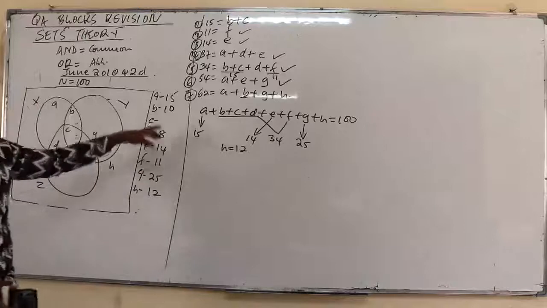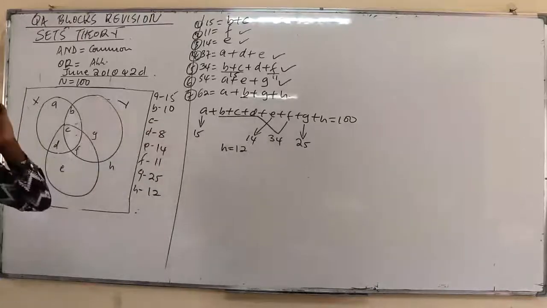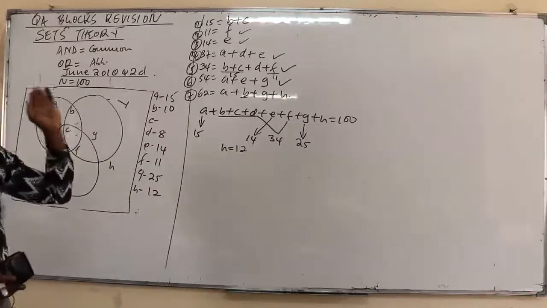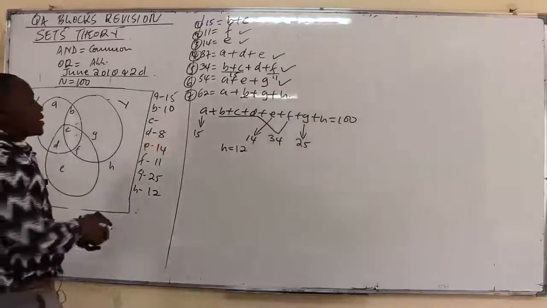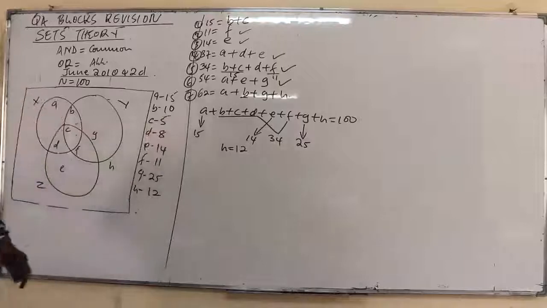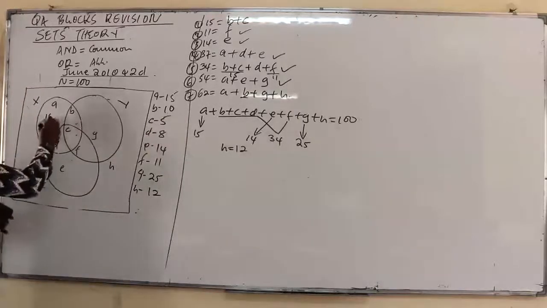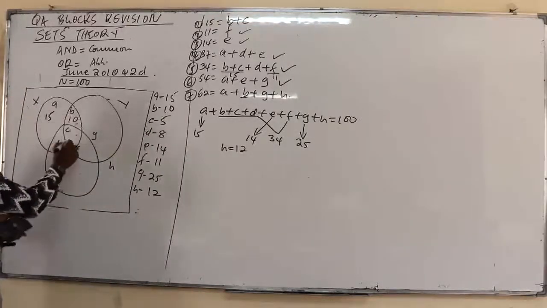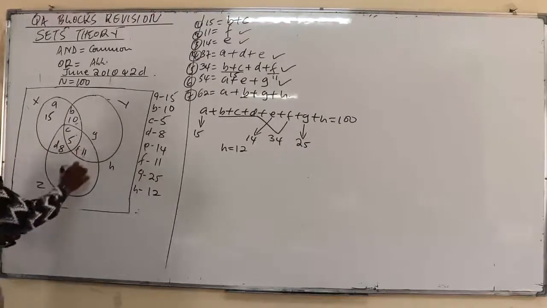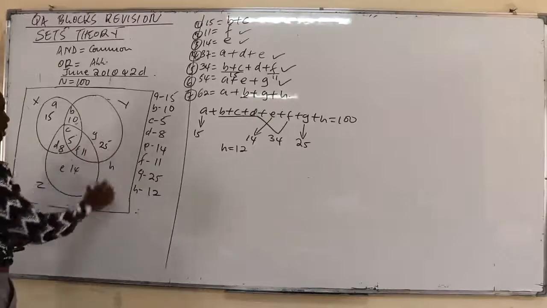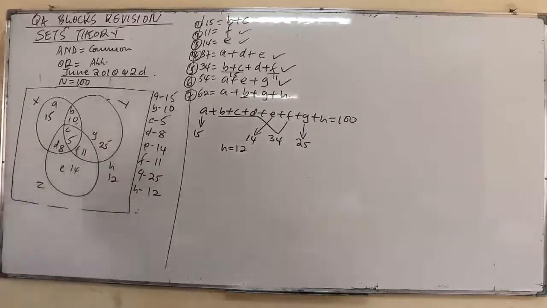You are only remaining with C. Let's go to the first equation. B plus C is equal to 15, and B is 10. That means C is 5. So A is 15, B is 10, C is 5, D is 8, E is 14, F is 11, G is 25, and H is 12.